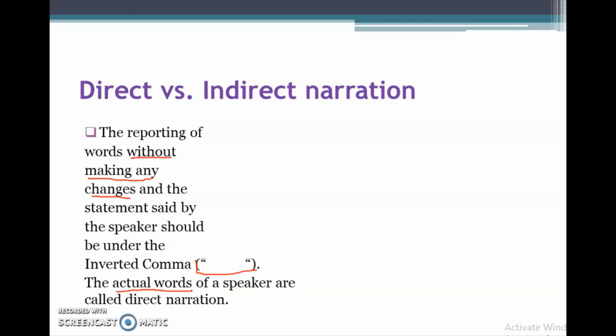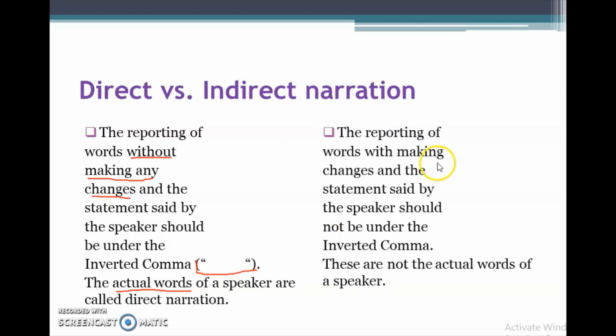And what will be indirect speech? Indirect speech is the reporting of words with making changes, and the statement said by the speaker should not be under the inverted commas. Indirect speech will not be enclosed in inverted commas, and in indirect speech we don't quote the actual words of the speaker.